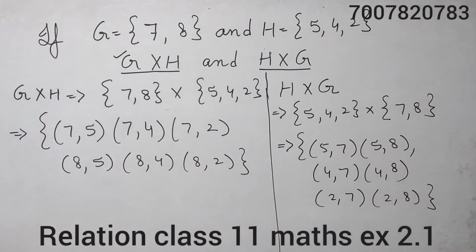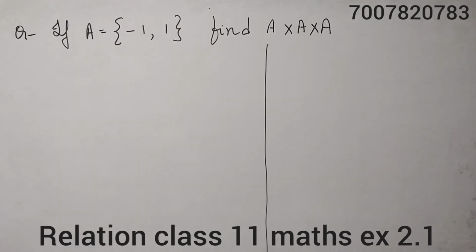So you can easily observe in this way the cross product changed for different way of representation. Now if we have to find the cross product of three sets, just see the format of the question, then how will we do that?